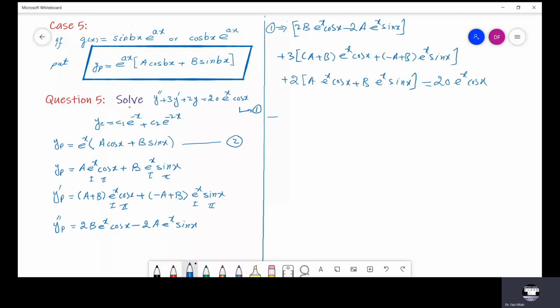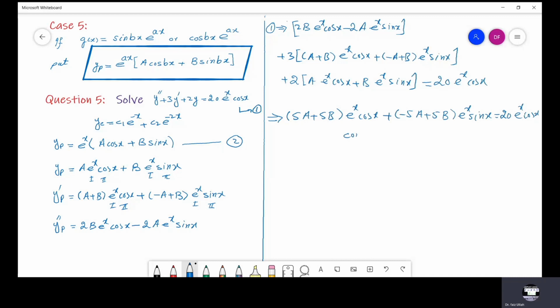Now let us simplify this equation. So after simplification, we get (5a plus 5b) into e power x cos x plus (minus 5a plus 5b) e power x sine x, which is equal to 20 e power x cos x.